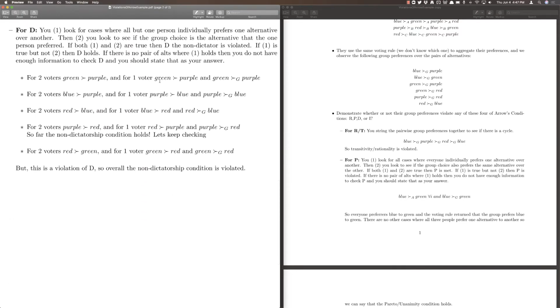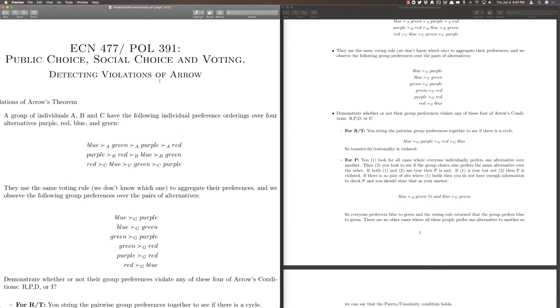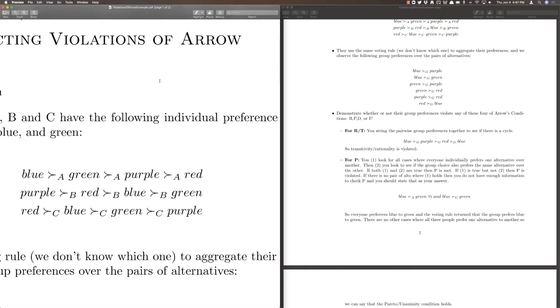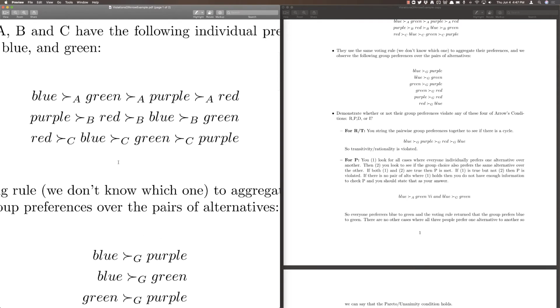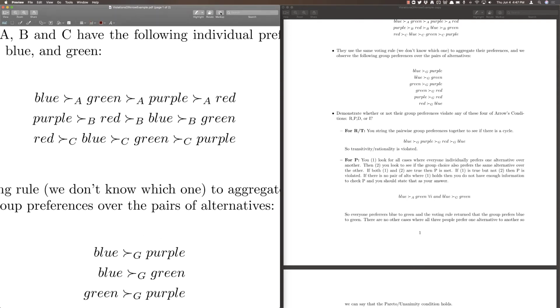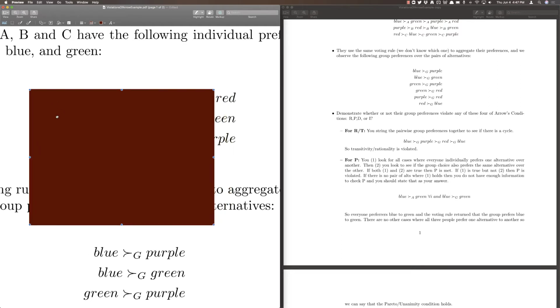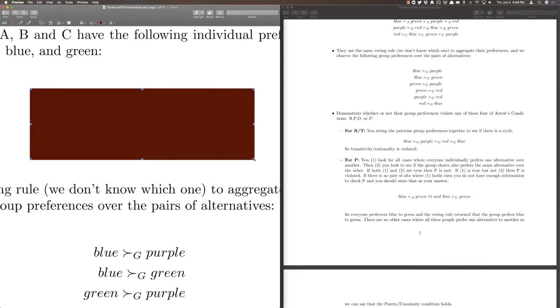Well, let me put the preferences here, so I can make that really big. All right, we're looking at this part for right now. So we're looking at this stuff right now.